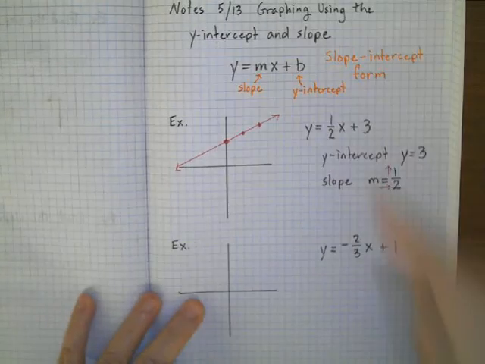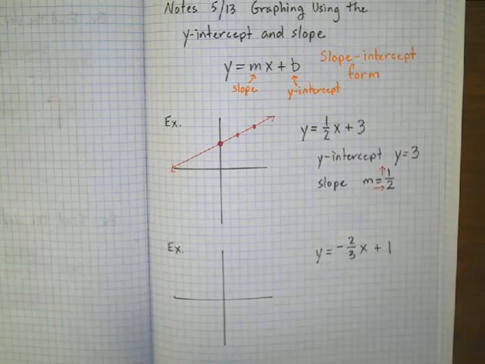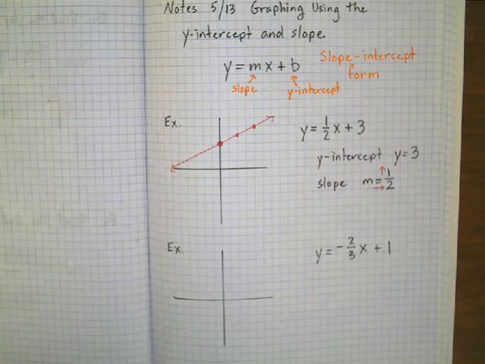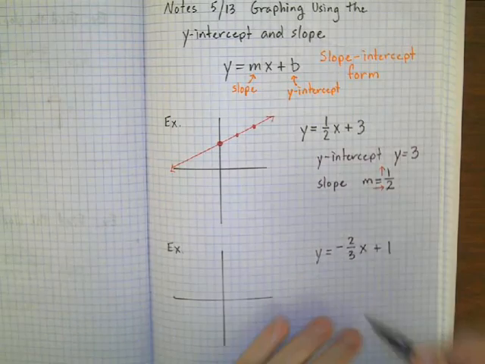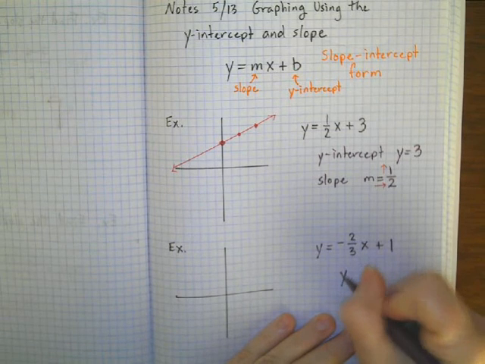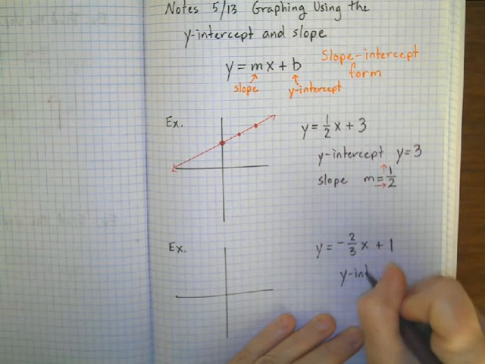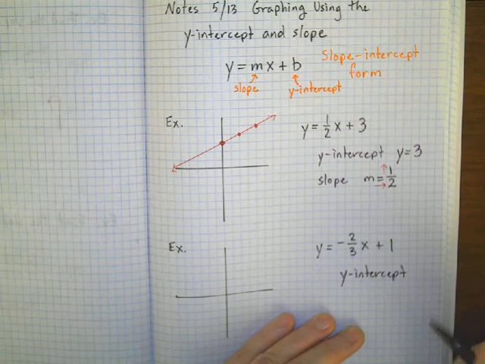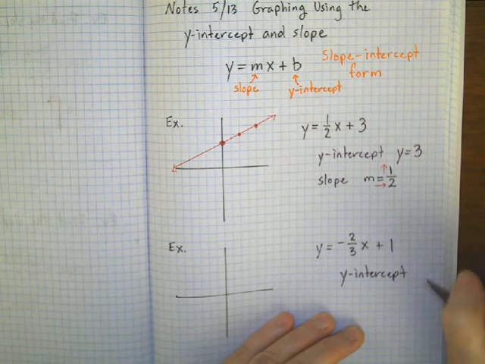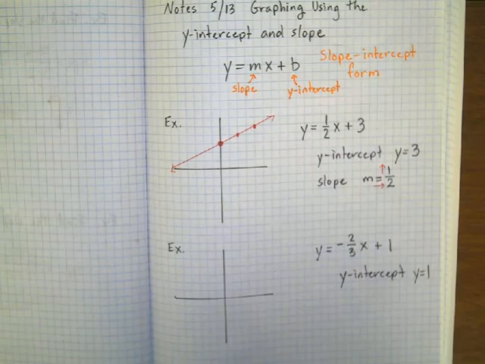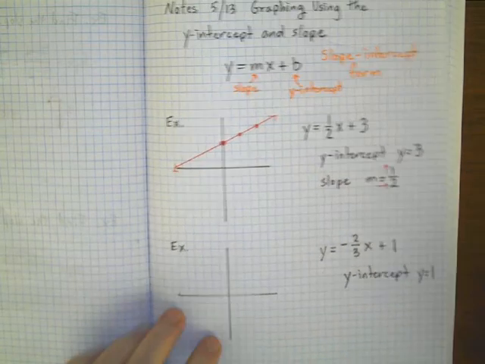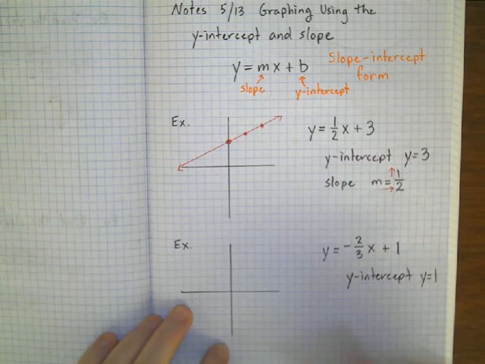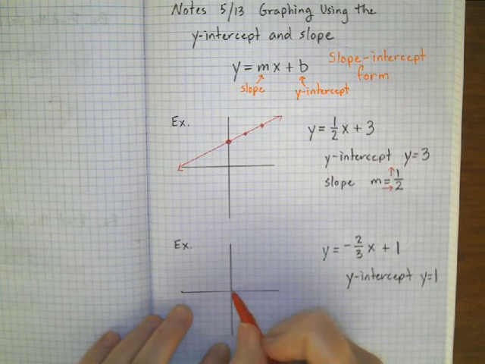Just like we did here, we want to identify what is the y-intercept and what is the slope. The y-intercept is the number that's being added at the end, so it's 1. So y equals 1. I'm going to put that on my graph. Here's my y-axis. Where is 1? Up 1. Bam, right there.